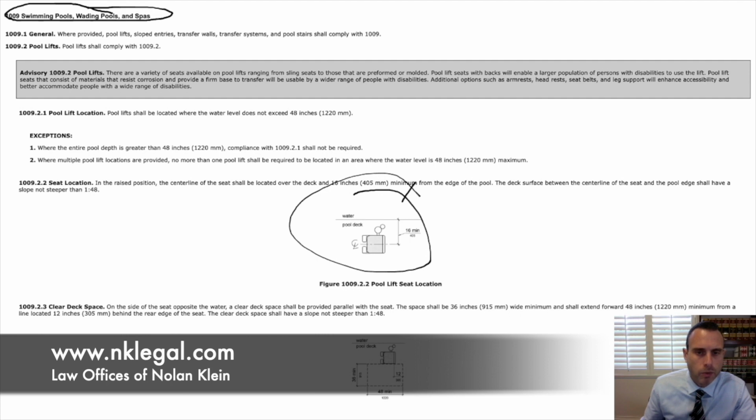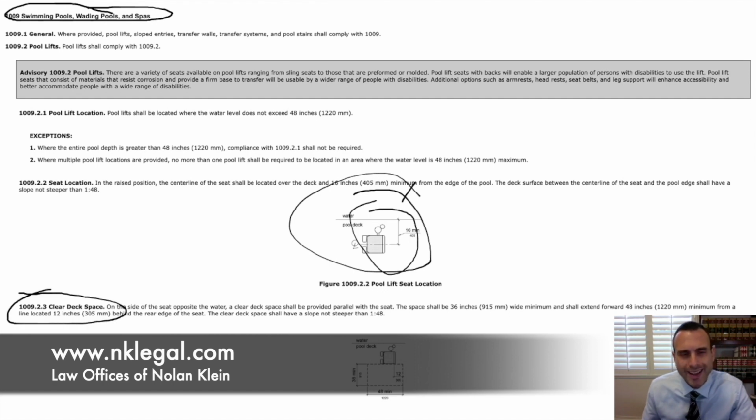Publicly available pools need to have a pool lift meeting all of these specifications. This says how much clear deck space needs to be around the pool lift. It's not complicated. It's really not very complicated.